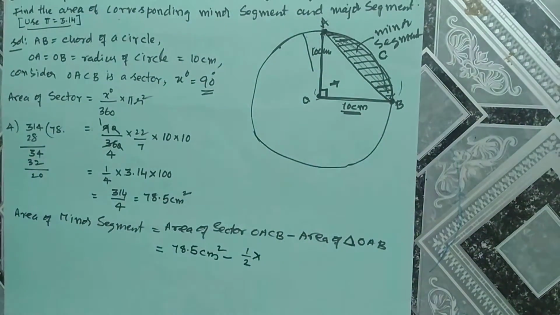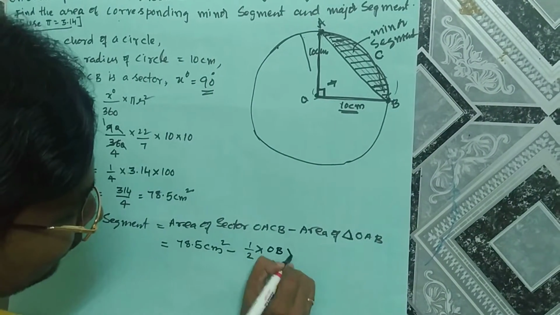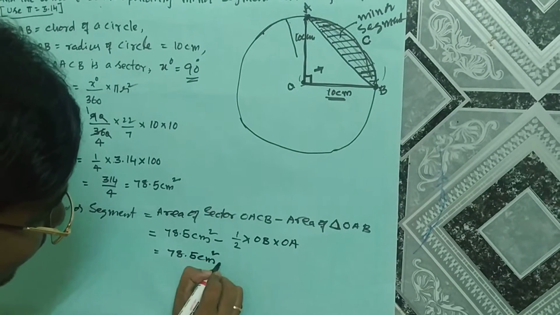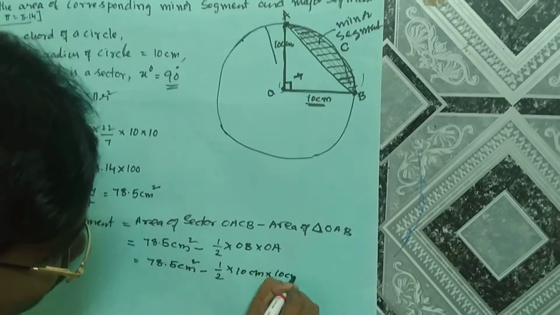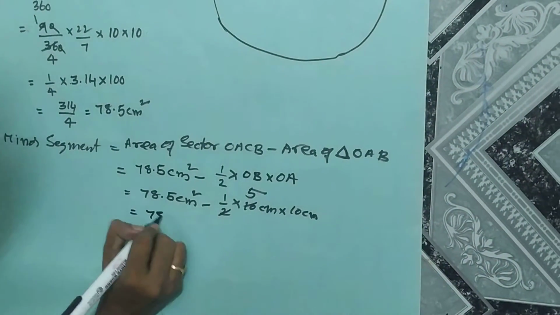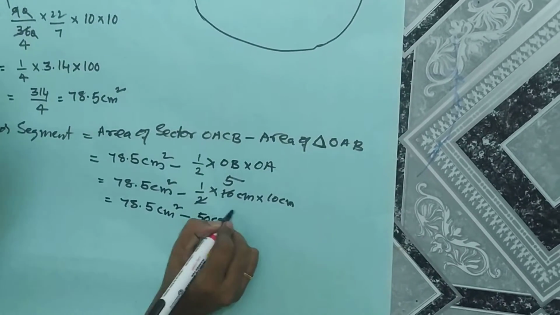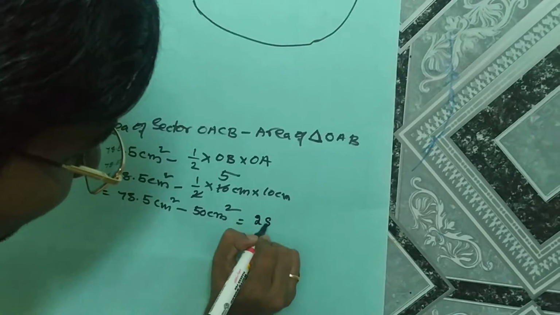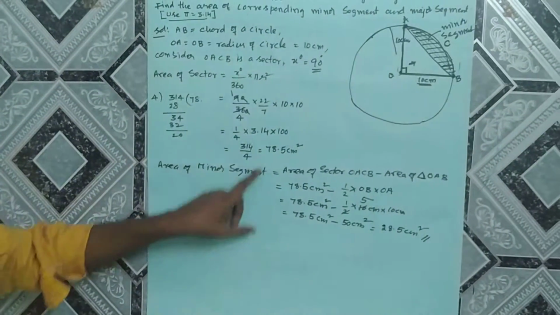It is a right angle triangle, so half into base into height, base OB and height OA. That is 78.5 minus half into 10 into 10, which is 50 centimeter square. 78.5 minus 50 equals 28.5 centimeter square, the required area of the minor segment.